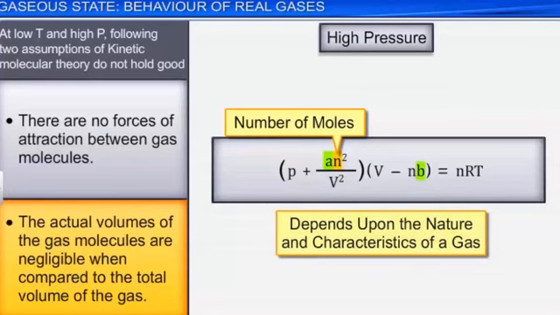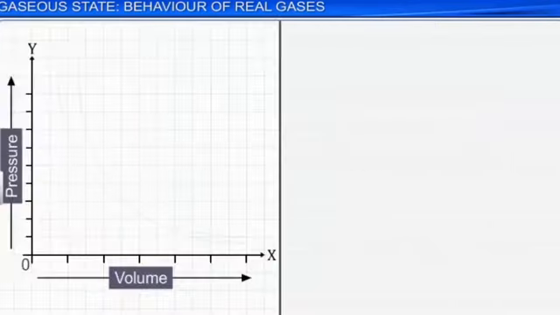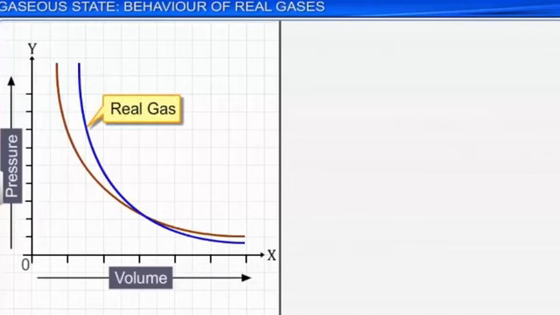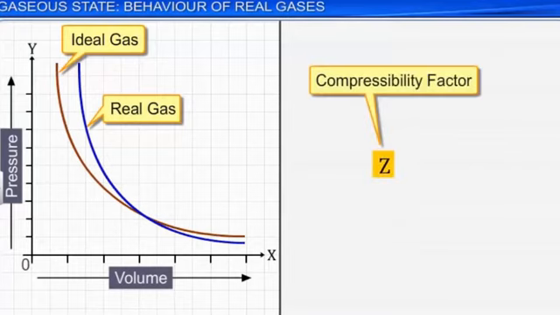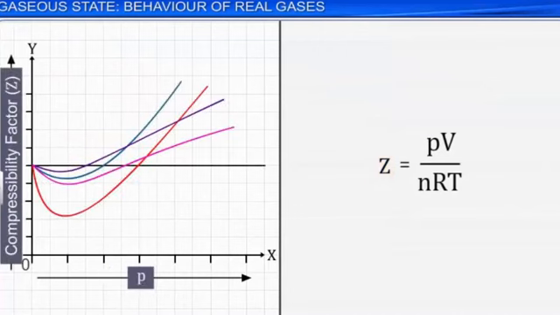The extent to which a real gas deviates from an ideal gas can be measured in terms of the compressibility factor, Z. It is defined as the ratio of the product PV and nRT. For an ideal gas, the compressibility factor Z is 1 at all temperatures and pressures because PV is equal to nRT.